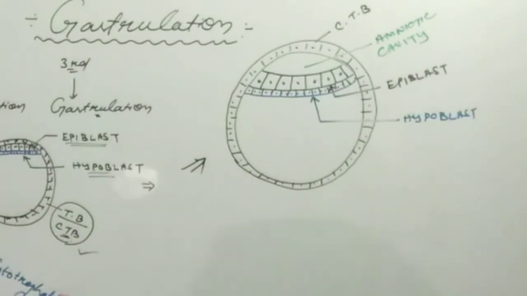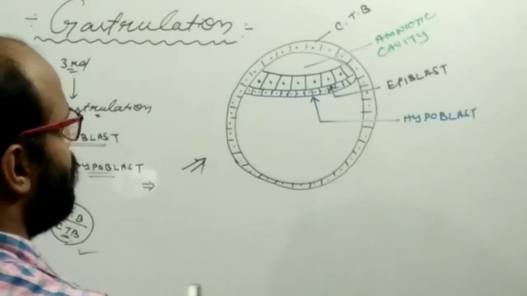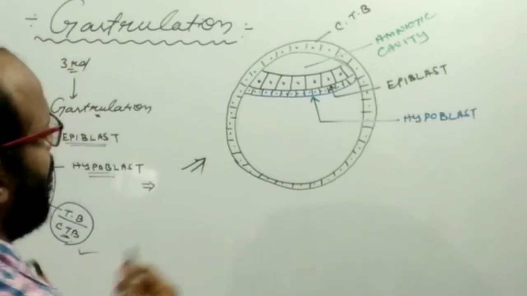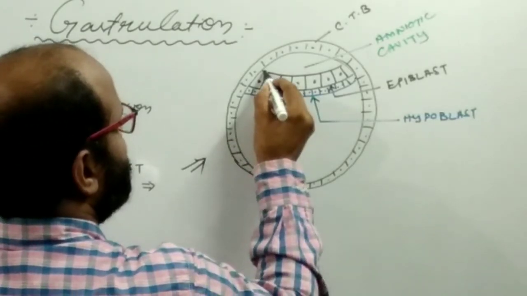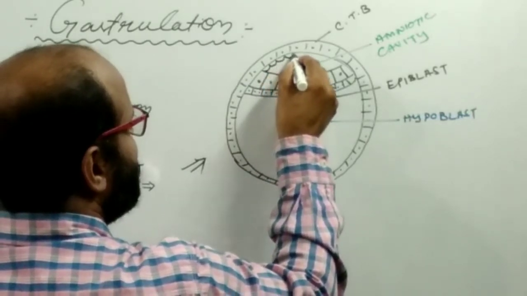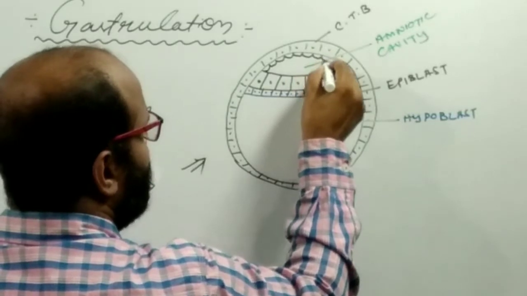Now, by the division of the cytotrophoblast, another layer of cells appears below the cytotrophoblast.